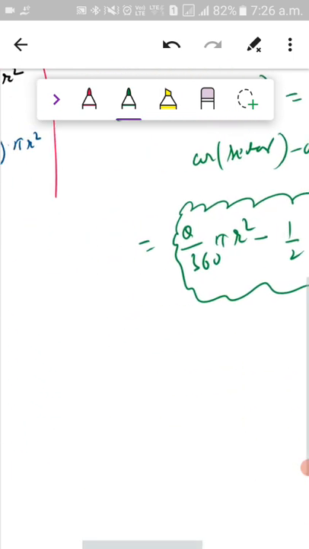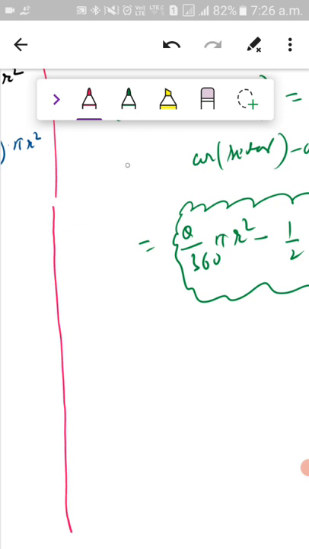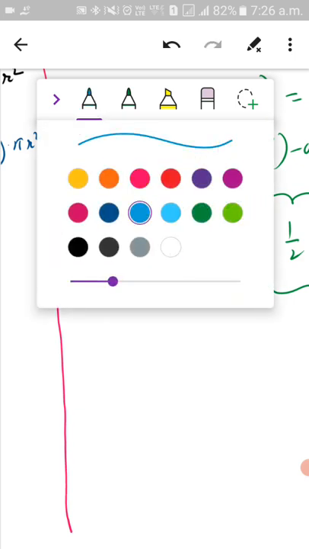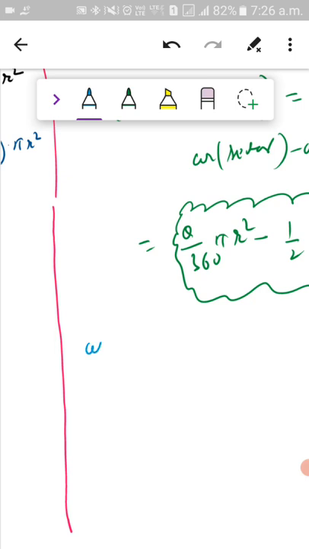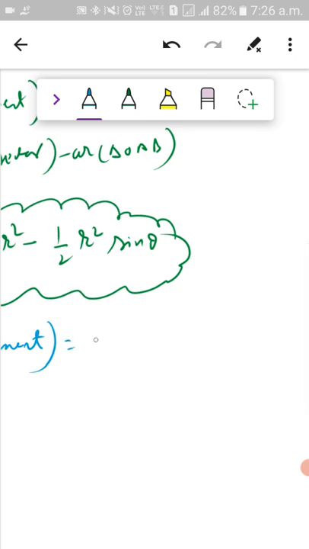Then if you want to calculate the area of the major segment, we can find it by area of circle minus area of minor segment.